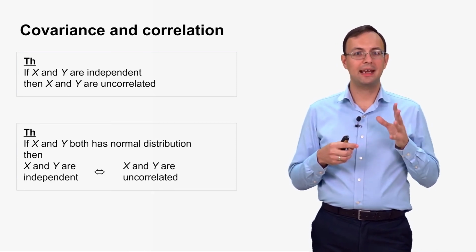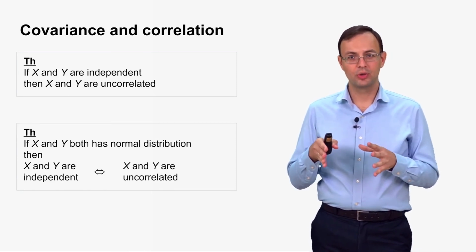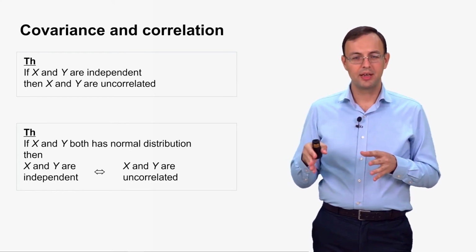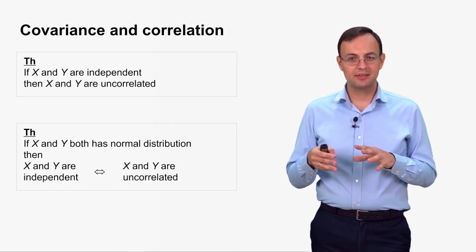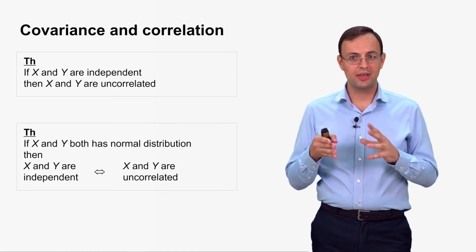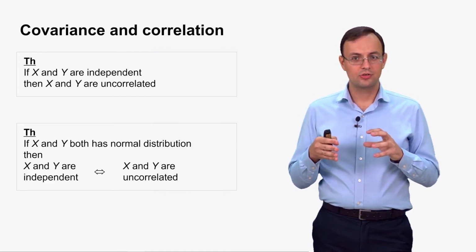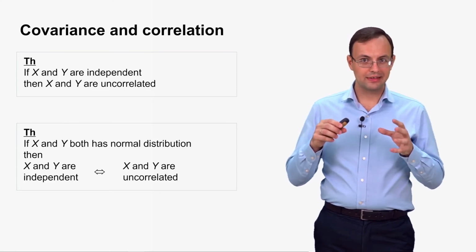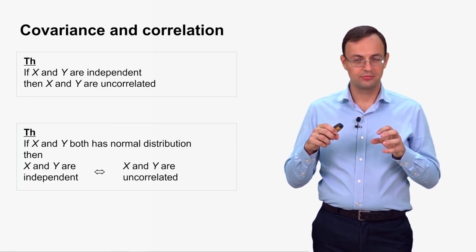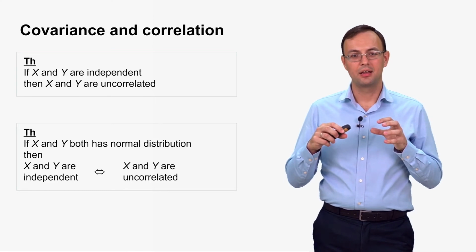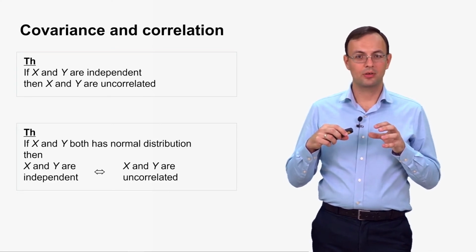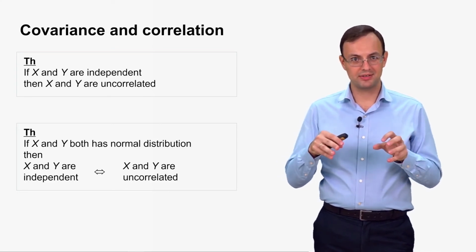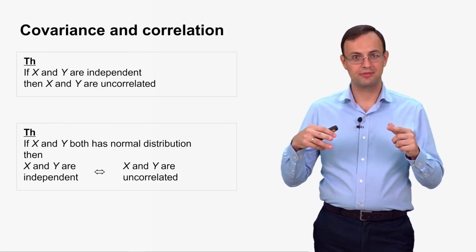So if x and y both follow normal distribution, then they are independent if and only if they are uncorrelated. So in general, uncorrelation is just a consequence of independence, but not vice versa.